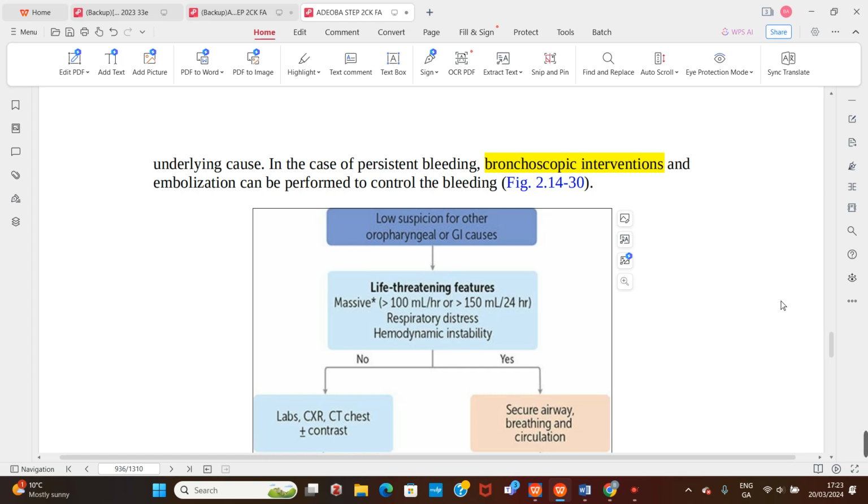Because if you place the person on the right side, that blood is going to be gravitating to the right side only. So it's going to prevent the bleeding from shifting to the left side, and the oxygenation and ventilation function can keep happening in the left side.